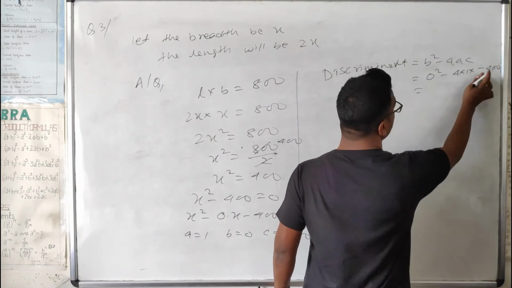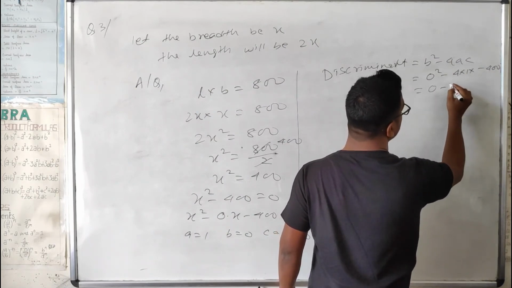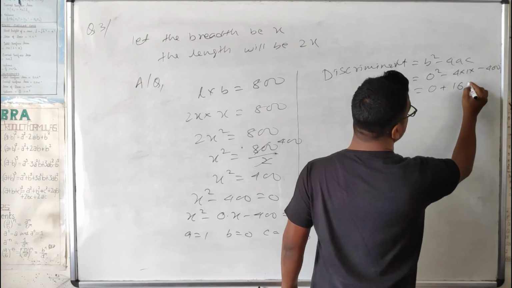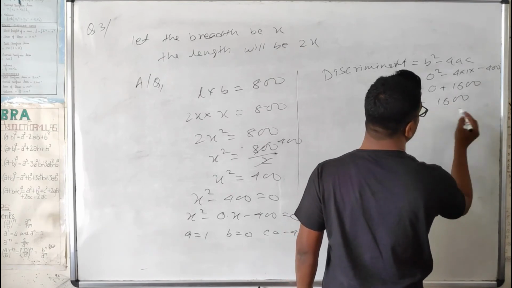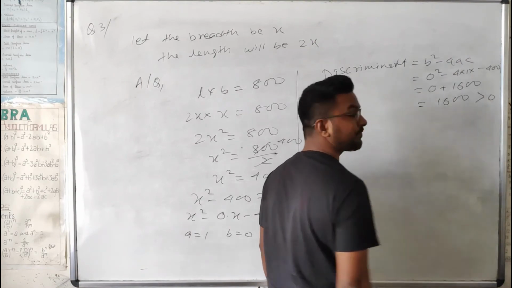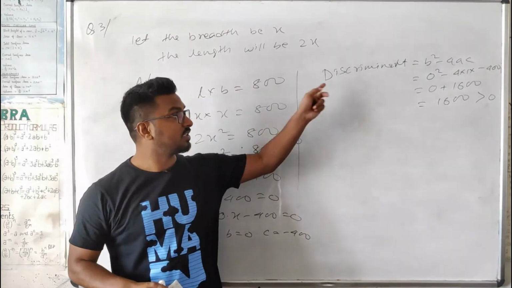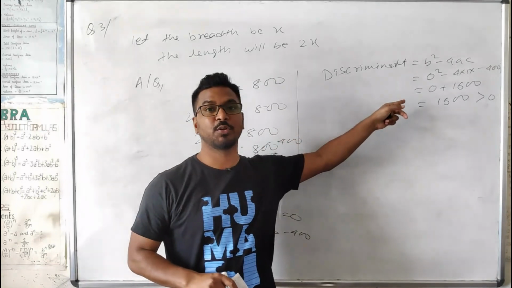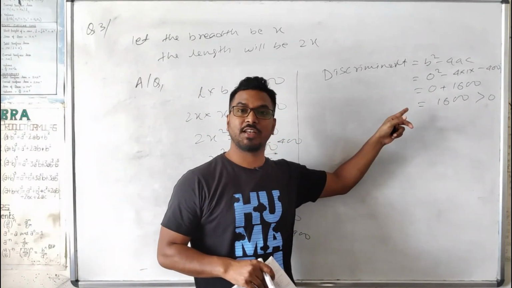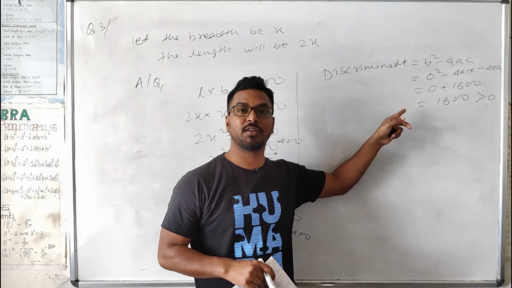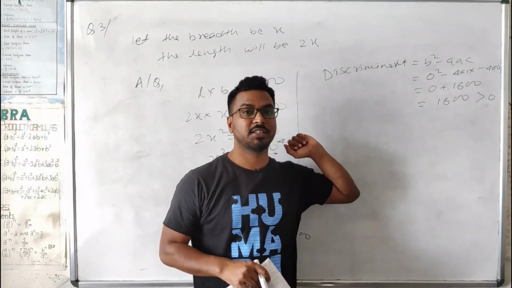So this will become minus minus plus, so this will become 0 plus 1600. Fine. So 1600. So it is greater than 0. Okay. The discriminant is greater than 0, so it is possible. Fine. If it is less than 0, then it will not be possible. You cannot find the root. Fine. So in this case, it is possible.